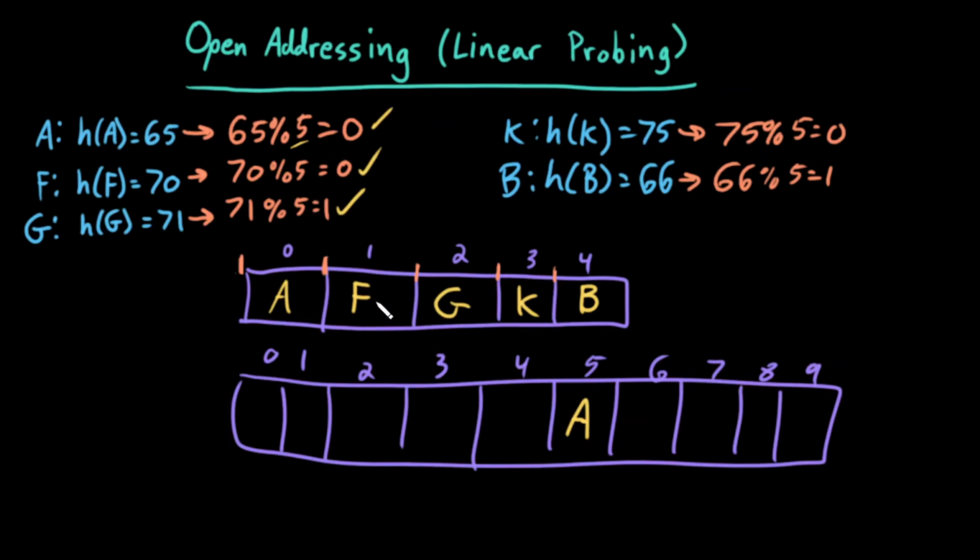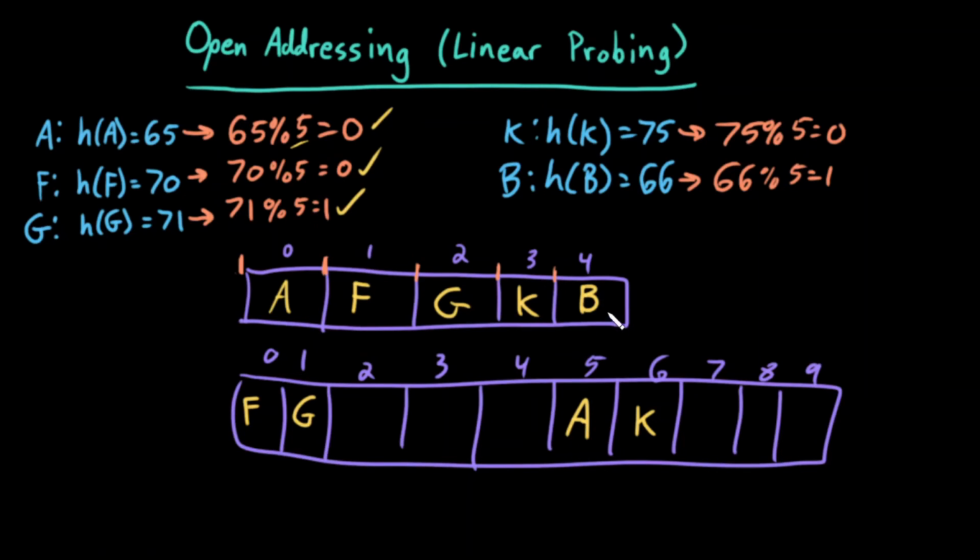Then I see F. F's hash value is 70, but now mod 10, not mod 5, I get 0. 71 mod 10 would be 1, so G goes into 1. K, 75 mod 10 would be 5. I go to position 5. Uh-oh, something's already there. Linear probing, I check 1 over, and I insert it there.